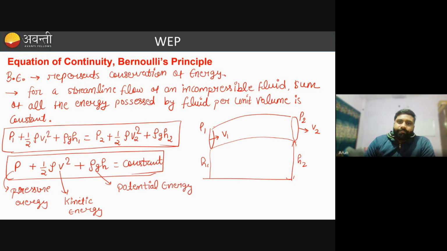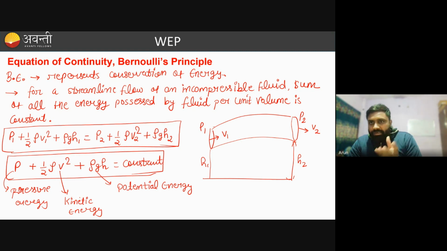Limitations of Bernoulli's theorem: it is not applicable for a compressible fluid, because if the fluid is able to compress, there is a concept of elastic energy of that fluid, which will disturb the equation that we have here, because we are not considering that the fluid is compressible.